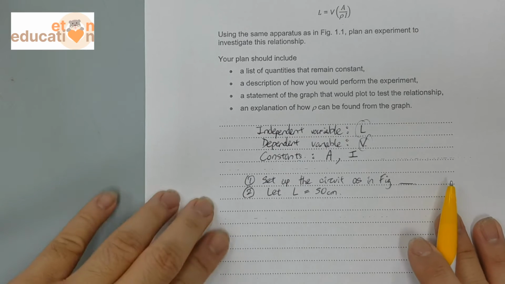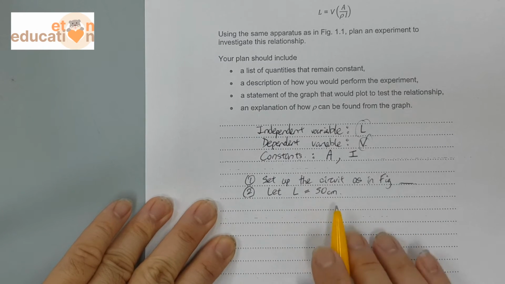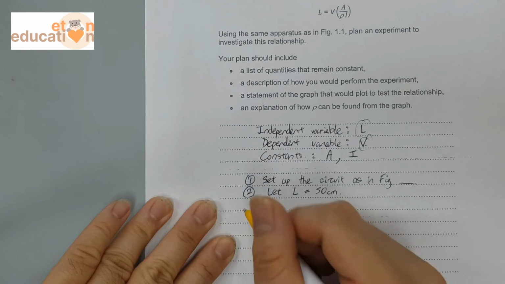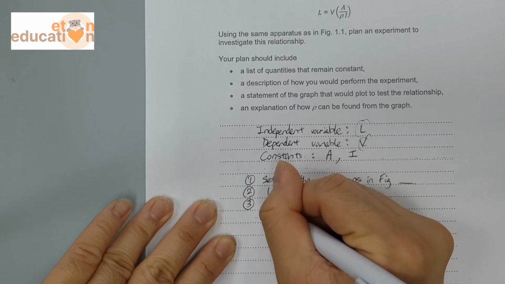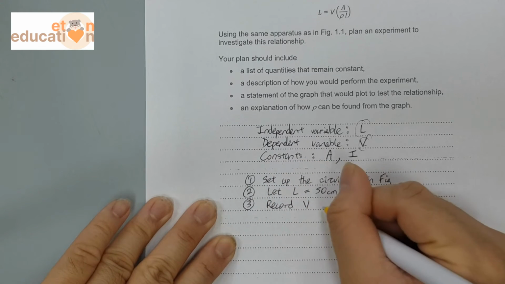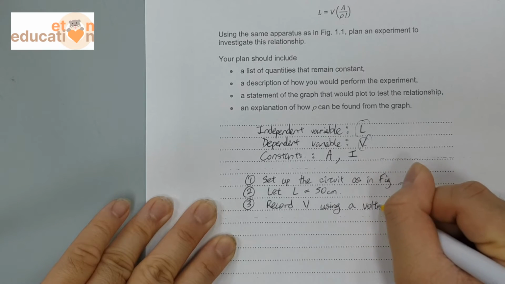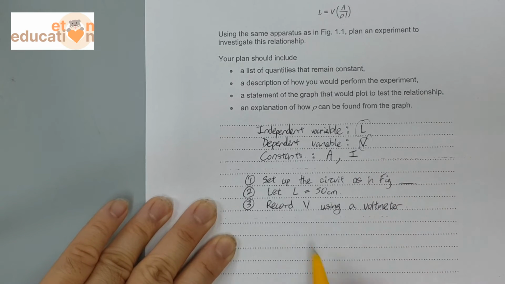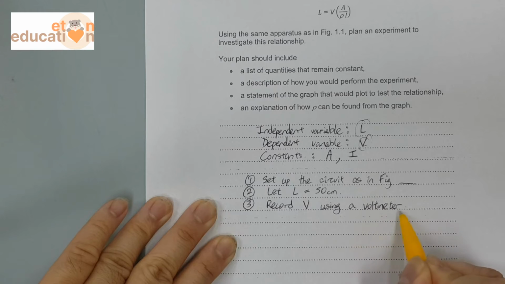This is measured by a meter rule already. Step 3: record or measure V using a voltmeter. So it's record or measure what variable using the instrument or equipment.